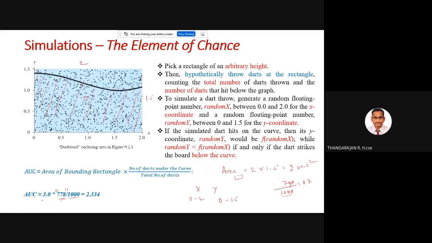So the area under the curve is equal to 3, the area of the rectangle, into 0.778, which is 2.334.